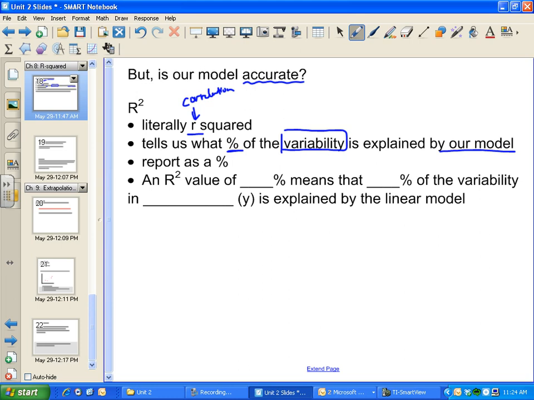So again, what I'm really explaining here is the differences in cost, or variability in cost, is explained by our model, or in other words, the number of spaces. Okay. We've noticed that it seems like the more spaces you travel, the more it costs, but there are other explanations. So we're going to see what percent is explained by the distance we've traveled.